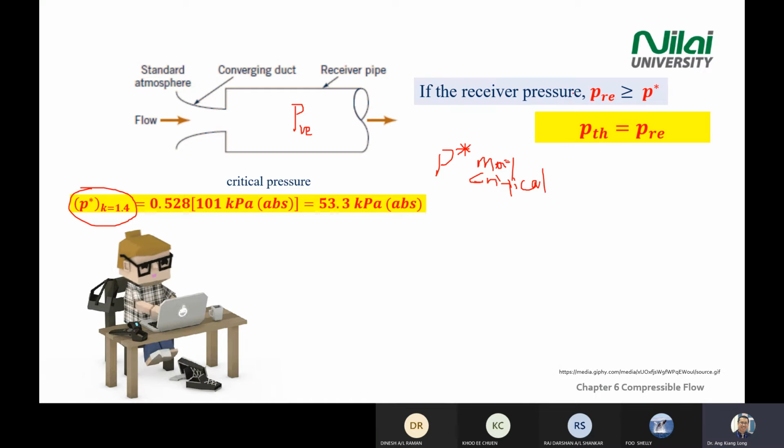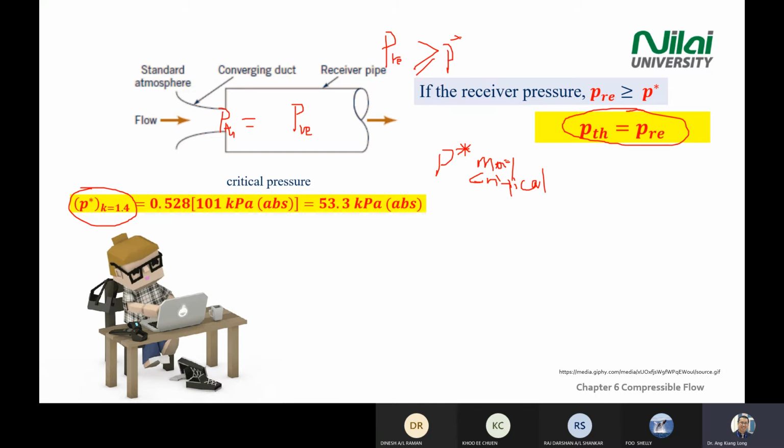If the receiver pressure is more than this number, the pressure at the throat will equal the receiver internal pressure here. This happens when the receiver pressure is more than P star.